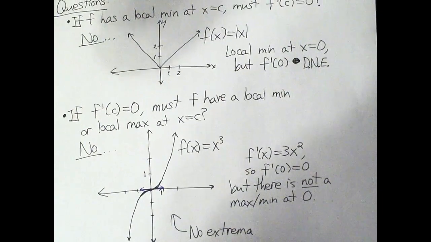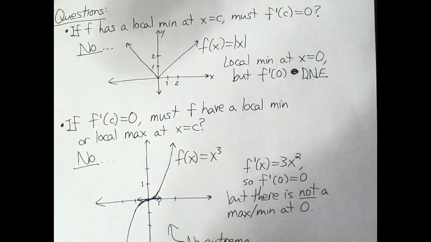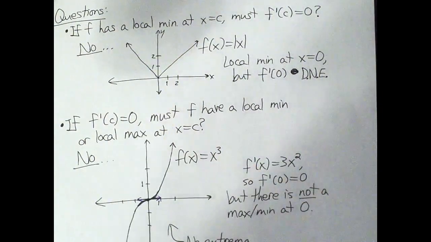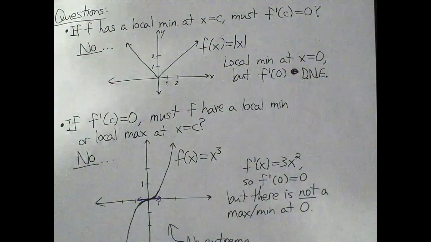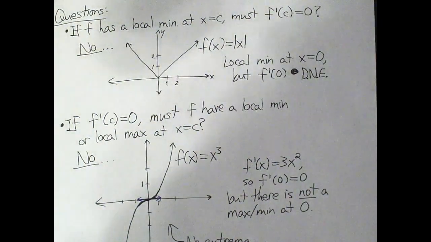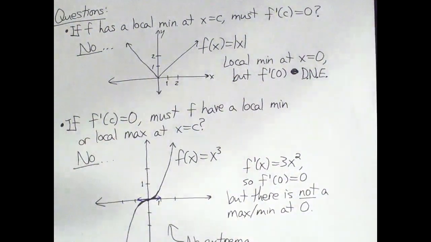So, okay, it seems like I asked two questions about how the derivative is related to minima or maxima, but the answer to both of them was no. So it's starting to seem like, is the derivative related? Like, what can we say?